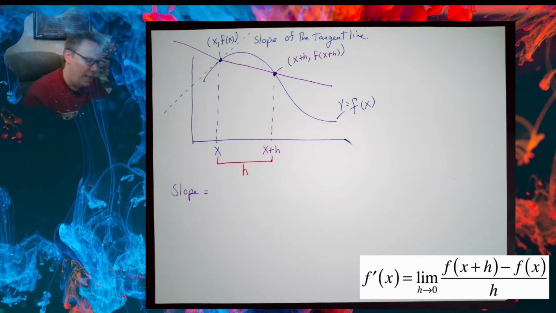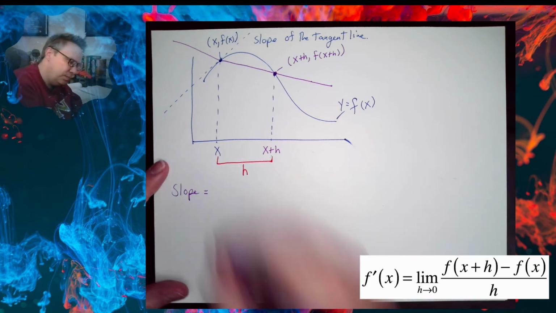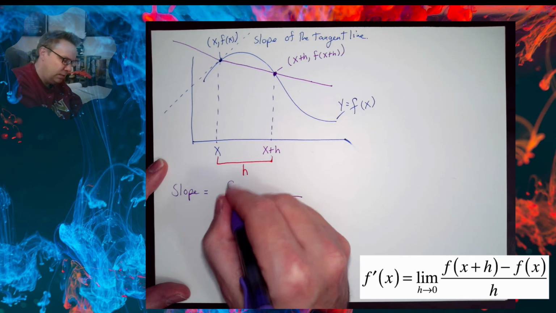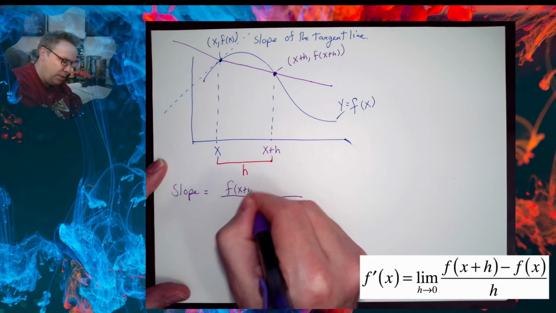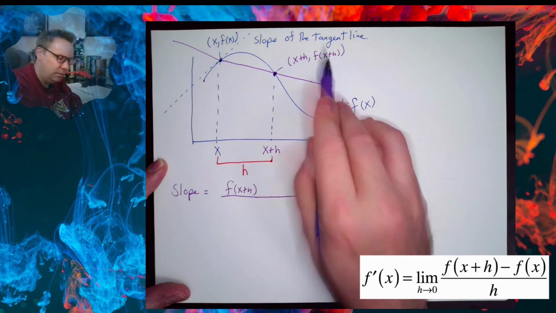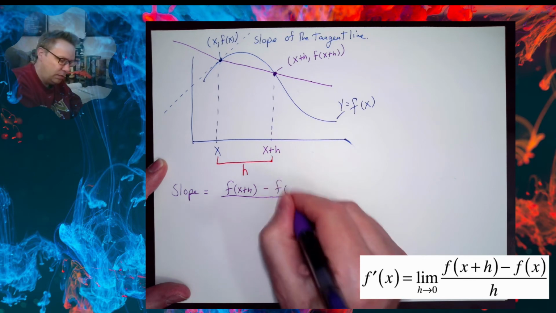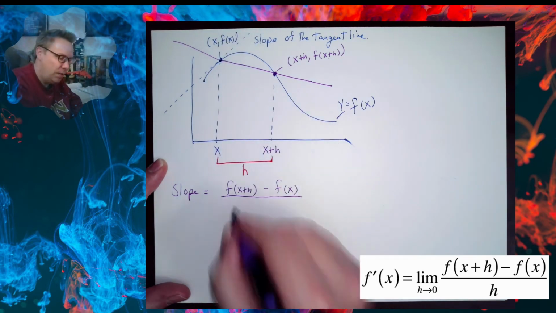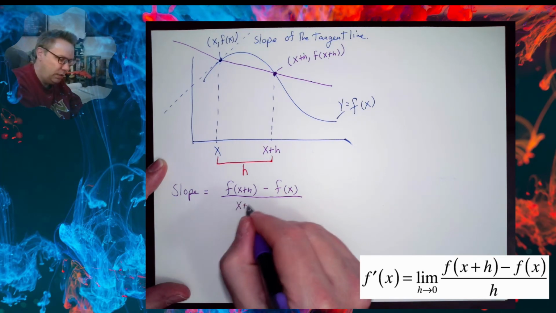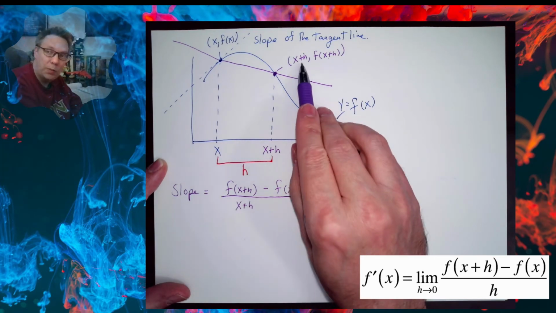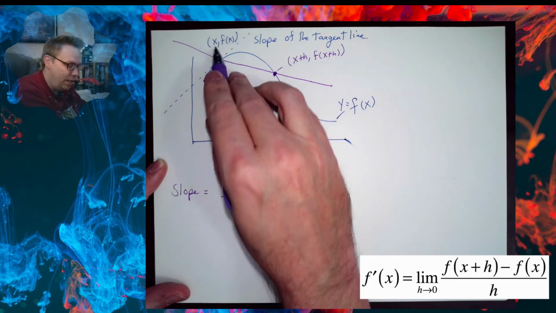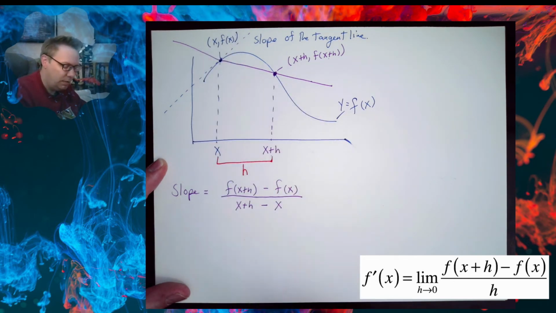So how am I going to use that? Well, I'm going to take the difference of the y's: f of x plus h, there's that y value, minus that y value, over the corresponding x values, which this one is x plus h, minus this one, which is x.